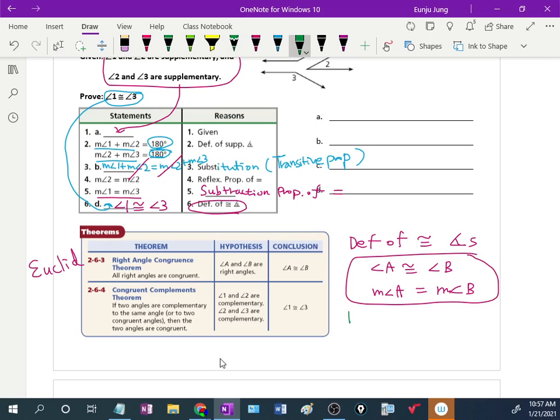Can I say another one? Definition of congruent segments. Give me a segment. AB, segment AB. Give me another segment. CD, okay, good. And I use the congruent notation in the middle to define congruent segments.